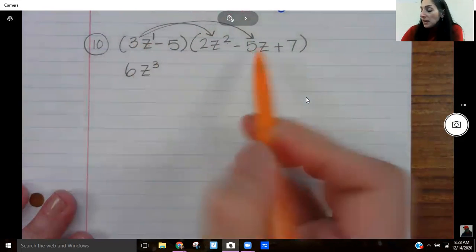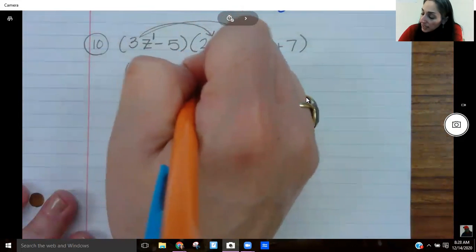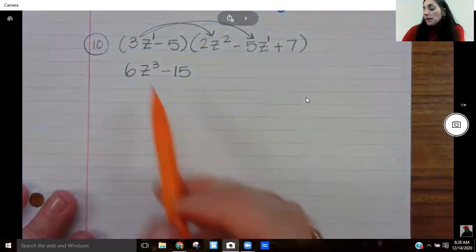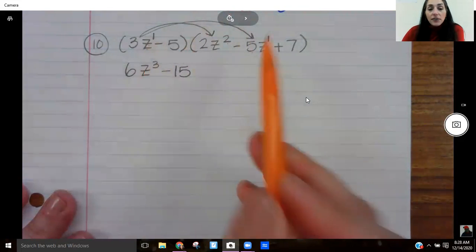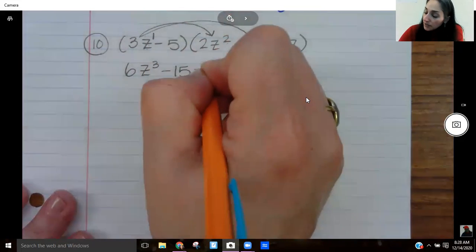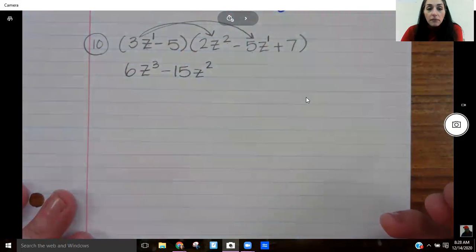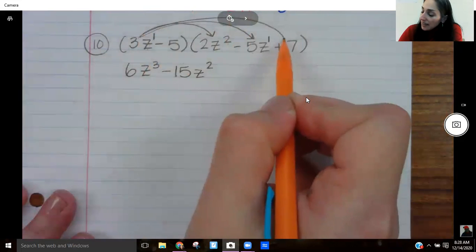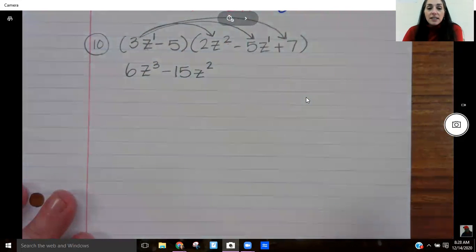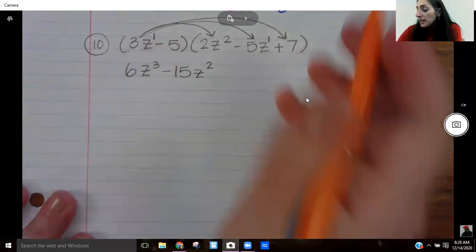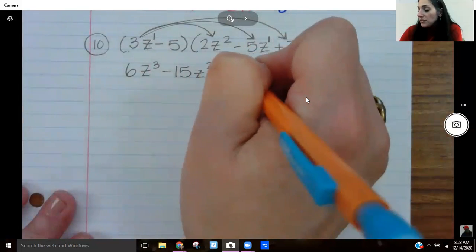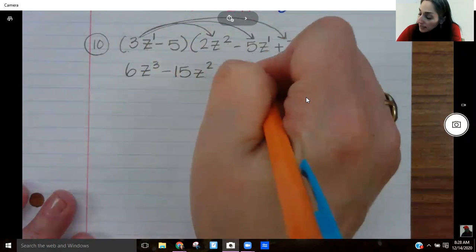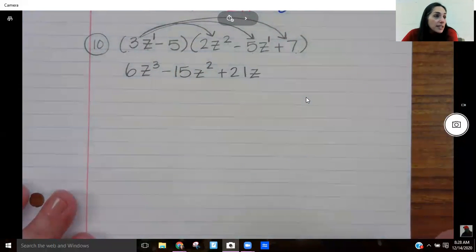So 3 times negative 5 is negative 15. Remember, there's a little 1 right here. Z to the first times z to the first is z squared. Okay, 3z times 7. So 3 times 7 is 21, positive 21. Z, there's no z back here, so this will just be a z. Don't forget that little z.